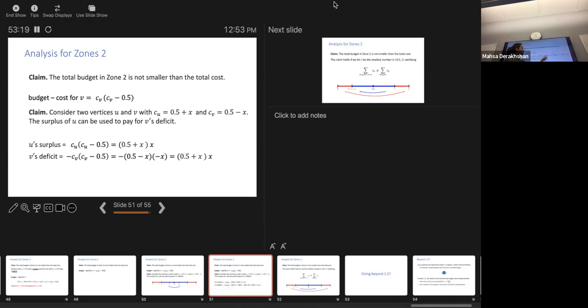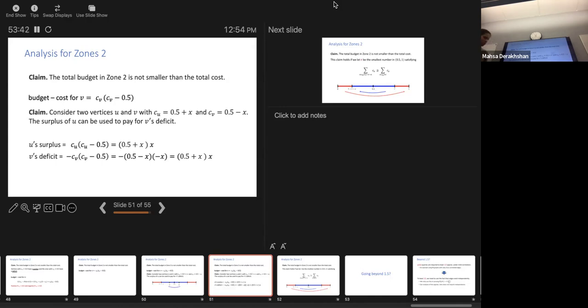If CU was half plus x plus something, the surplus would be higher and you could still use that to pay for it. This is a quadratic term, and you're saying basically the worst case is when they're all happening at half. Yeah, you're just shifting all the money. That's where it was, the worst case is everything is at half.